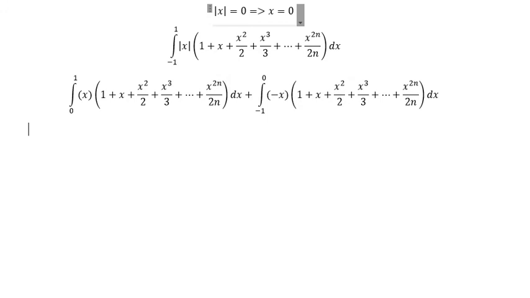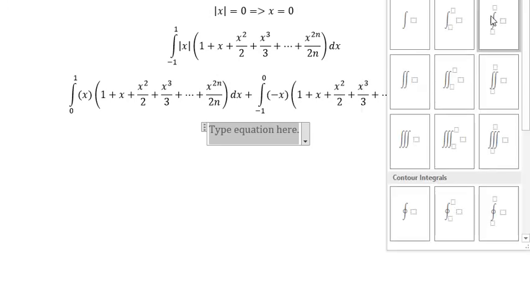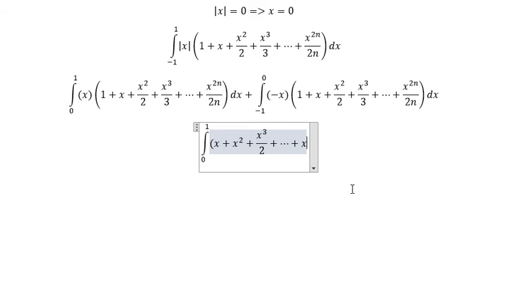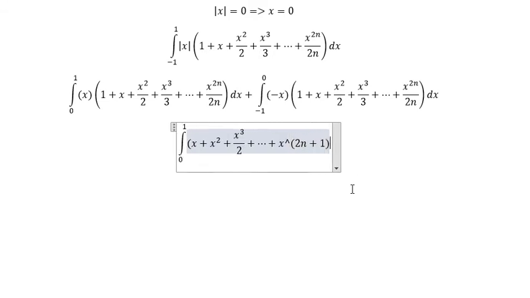So you will get the integral from 0 to 1. That should be x plus x squared plus x to the power of 3 over 2 and so on until x to the power of 2n plus 1 over 2n.